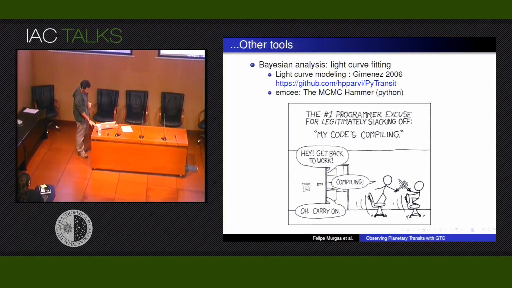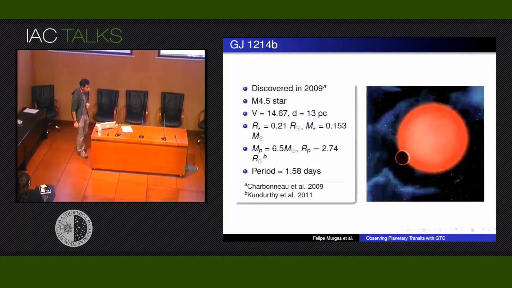Okay, I'll begin with GJ1214. GJ1214b is a super Earth of 6 Earth masses. It was discovered in 2009 by Charbonneau in the survey known as MEarth.